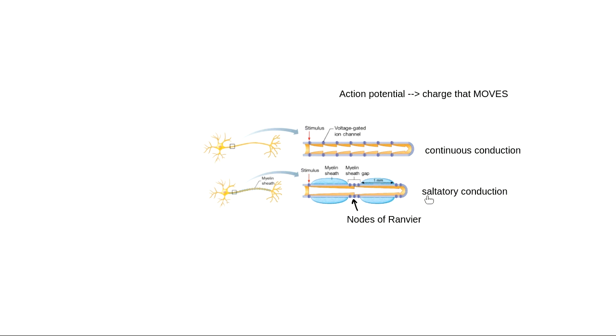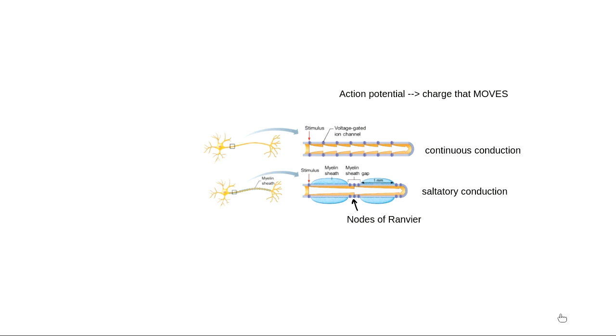So the number of doors or the number of ion channels that I have to open and close is a little bit fewer, and they're all concentrated, so I can open and close those doors at the same time, and then I can keep moving on instead of having to do this action potential thing at every single place.